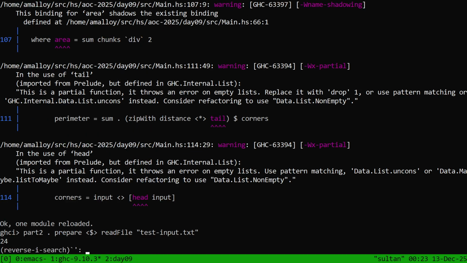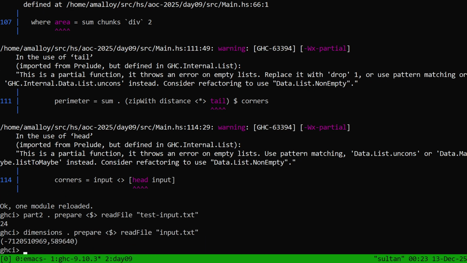I've forgotten actually how big that was. Dimensions. Yeah, 500,000 is the size of the perimeter, roughly. The area is very large, but we're not messing with the area. So 500,000 times 8 bytes for an int.